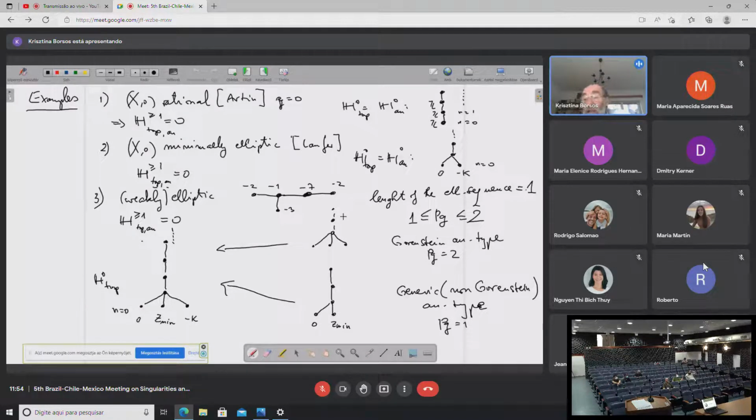So already at the level of pg, I see the jump. Then I can ask, for this topological type, what is the topological lattice cohomology H0? It is this picture, the visualization using this graded root. And if I consider the Gorenstein analytic type, then the analytic lattice cohomology is the same.